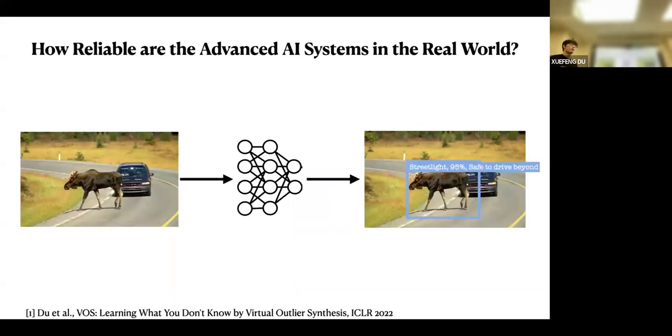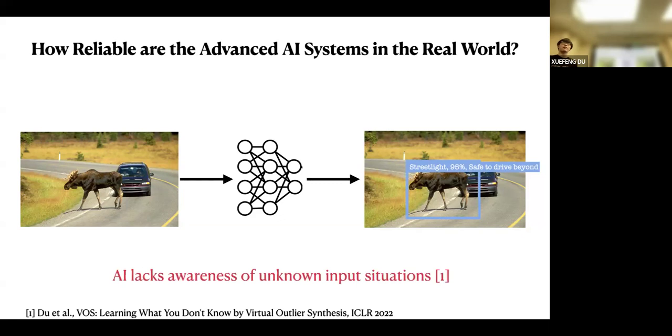For example, my recent work tries to uncover safety vulnerabilities of machine learning models for self-driving car applications. In this slide, the self-driving car model can sometimes fail to identify strange objects on the highway, like a moose, without alerting the human driver. This lack of awareness of unknown situations can be a serious risk in practice.